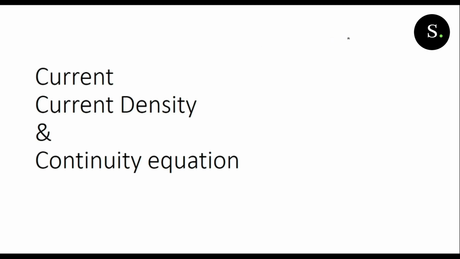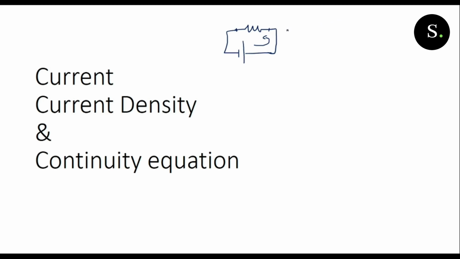Now speaking about current, what first comes to our mind would be a simple circuit where you have a resistor connected to the terminals of a voltage source. This would lead to the flow of some current through the circuit. And we obviously understand that this current is going to be dependent on the difference of potential that exists between the terminals of this resistor.